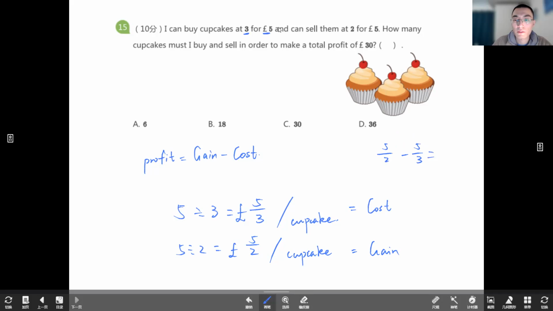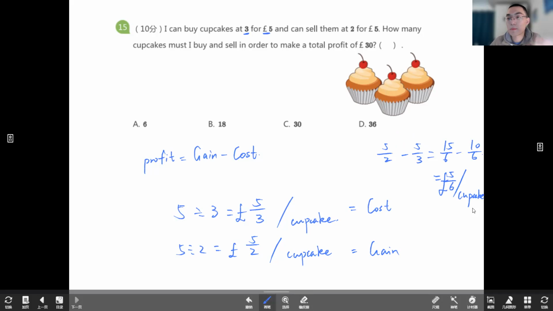If we find the common denominator, which is 6, this will be 15 over 6 minus 10 over 6. That will be 5 over 6. So this 5 over 6 pounds is the profit for every cupcake.